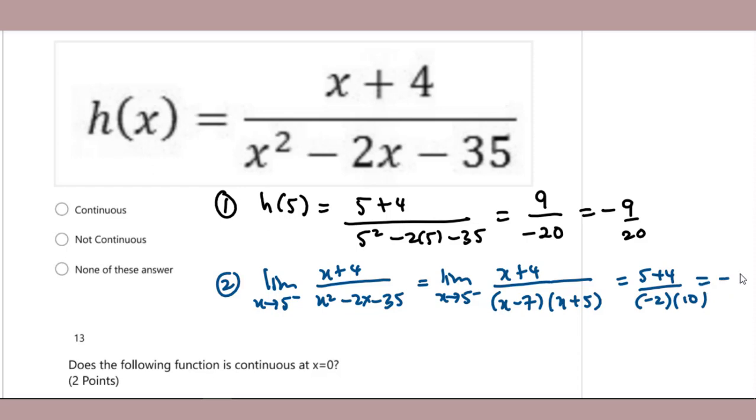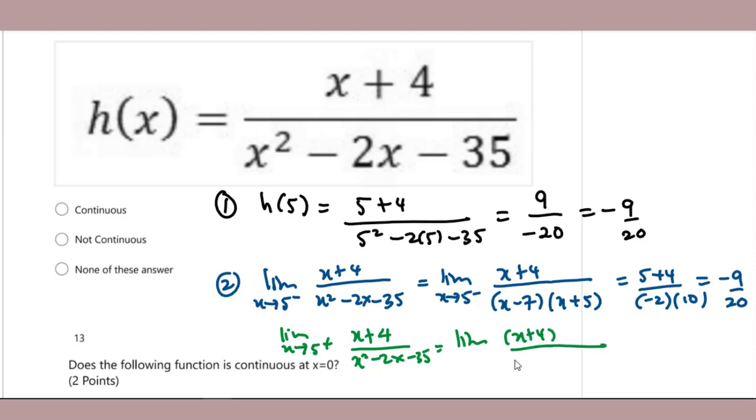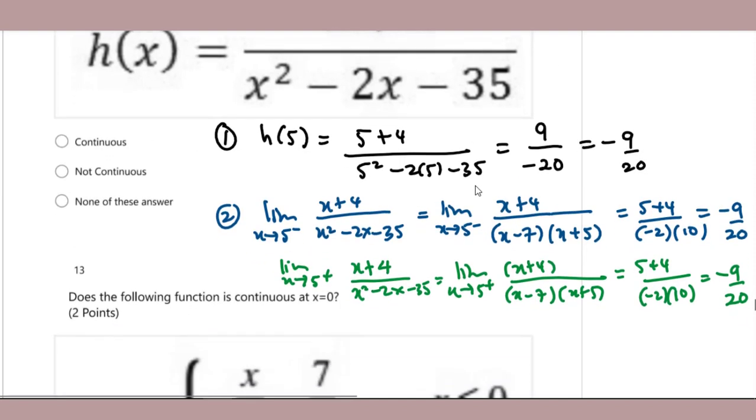So the answer is negative 9 over 20. Then on the right-hand side, it is the same: x plus 4 over x minus 7 times x plus 5 as x approaches 5 from the right, giving 5 plus 4 over negative 2 times 10, equal to negative 9 over 20. Okay, and conclude.